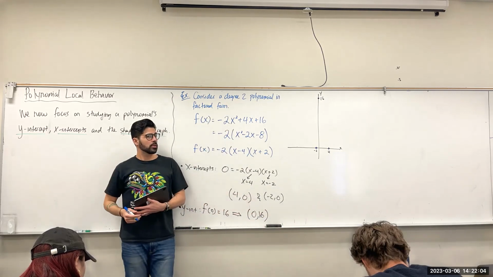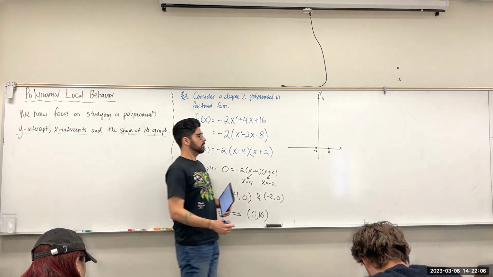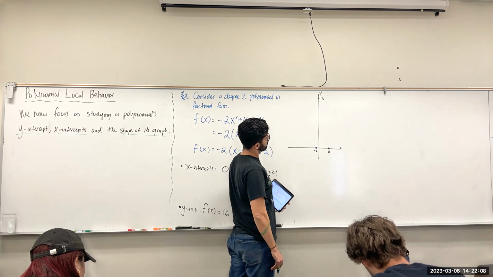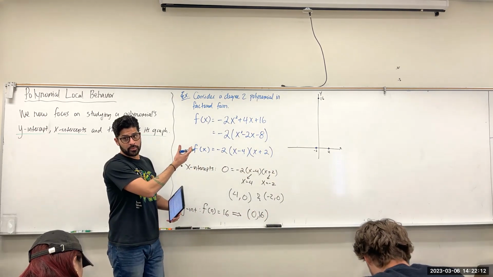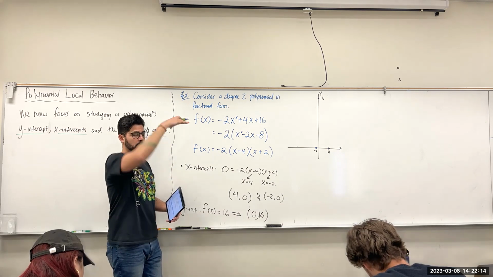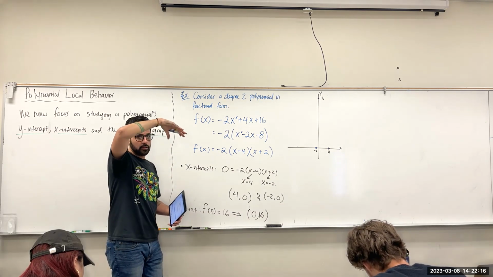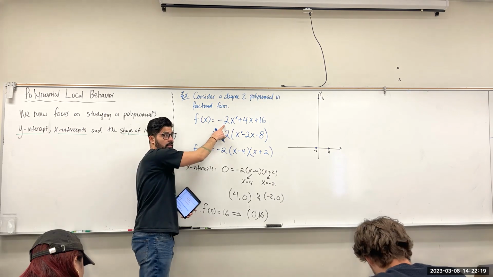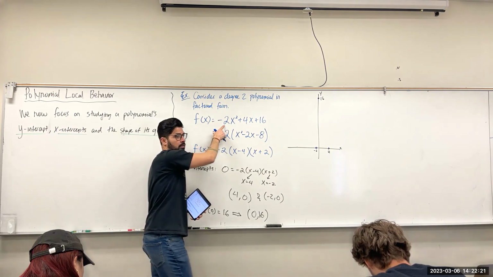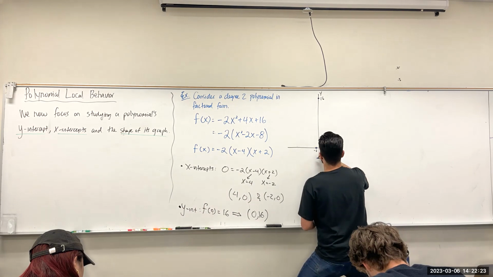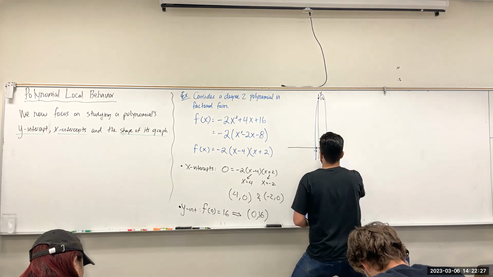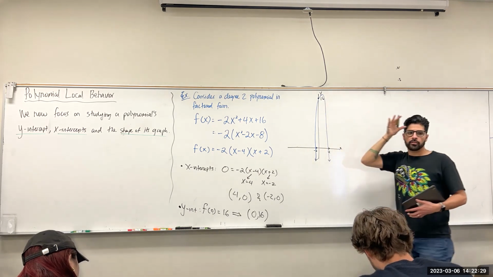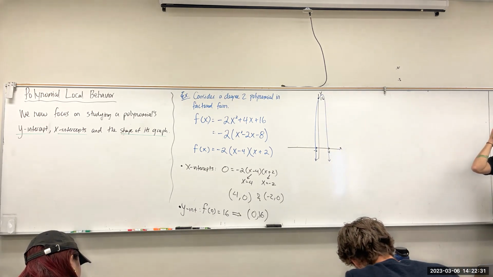So how would it be shaped? What do you guys think? It's a quadratic, so we know it has to be a parabola. Is it smiling facing up or frowning facing down? Facing down, leading coefficient is negative, has to be facing down. And so it goes up and down. We can find the vertex as well, but right now we're not going to do that. Okay.